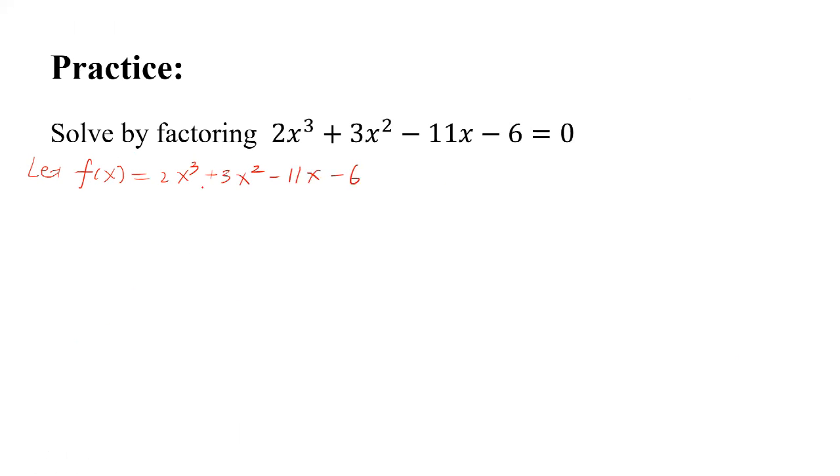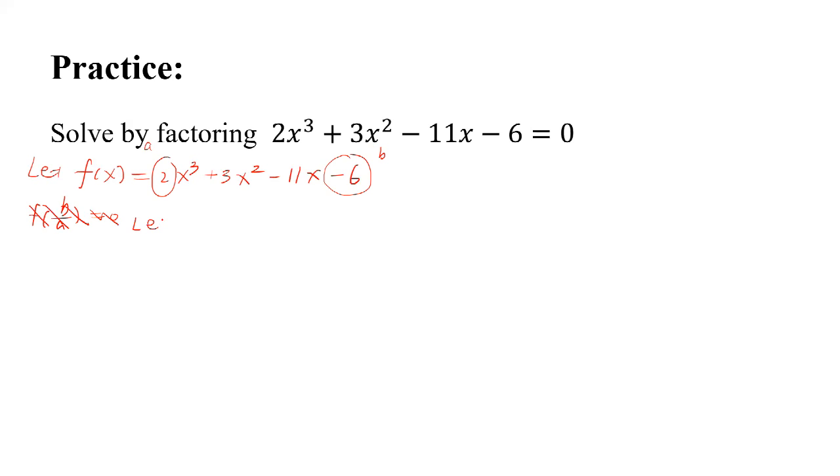And according to the rational zero theorem, we need to find a ratio b over a, which can make f(x) be 0, right? If f(b/a) is 0, b must be a factor of the constant term, and a must be a factor of the leading coefficient, right?